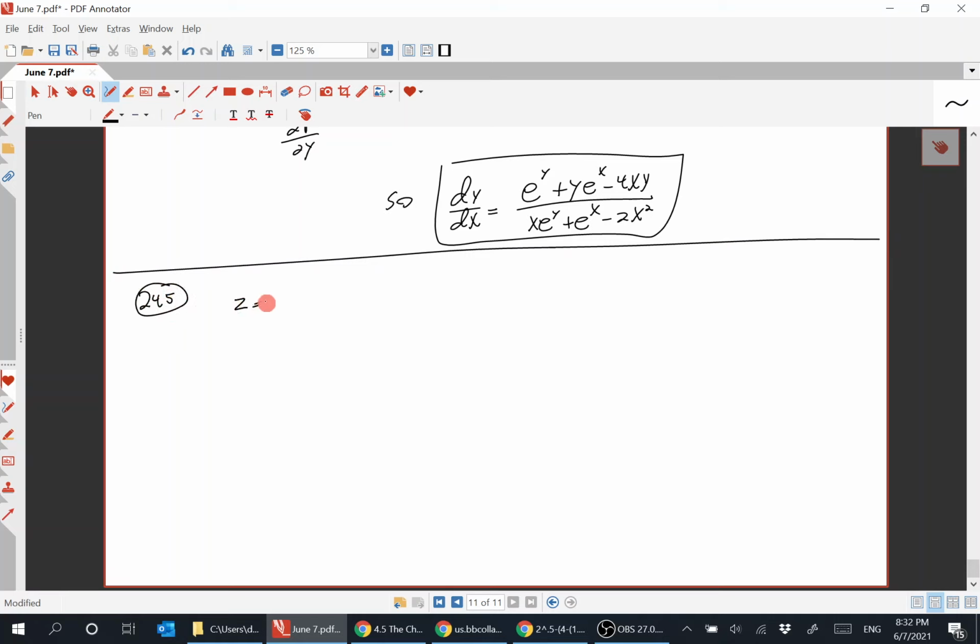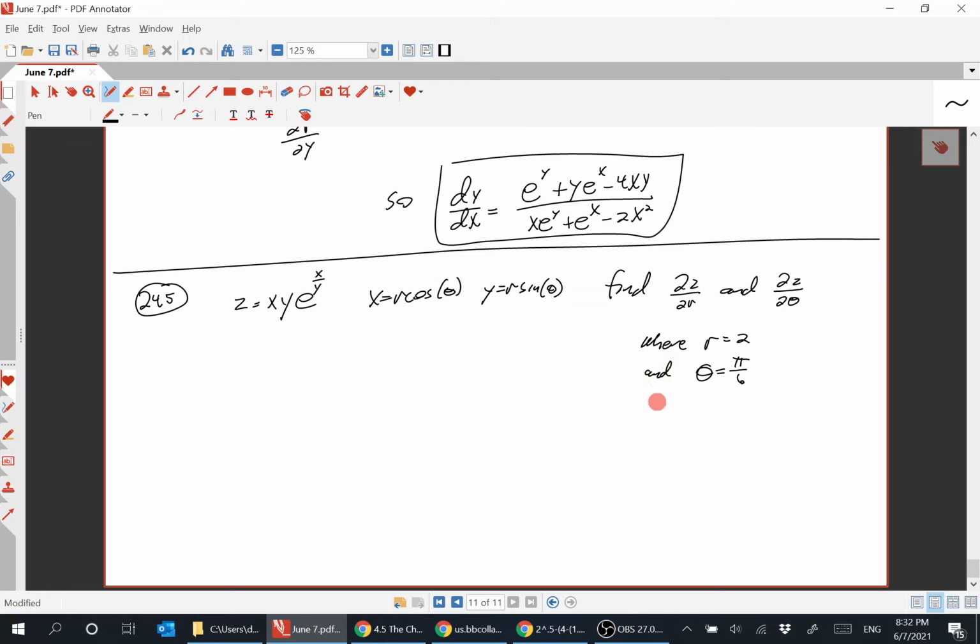So z is equal to x y e^(x/y). Find dz/dr and dz/dθ, where r is equal to 2, theta is pi over 6.